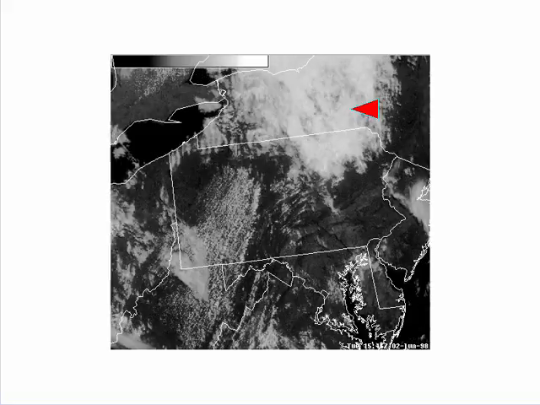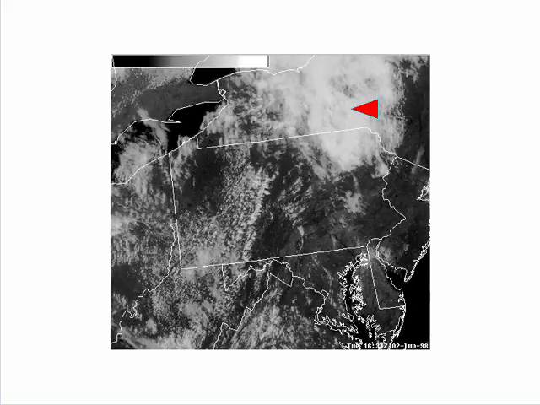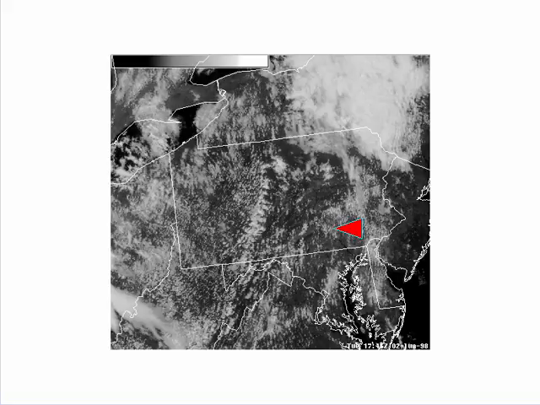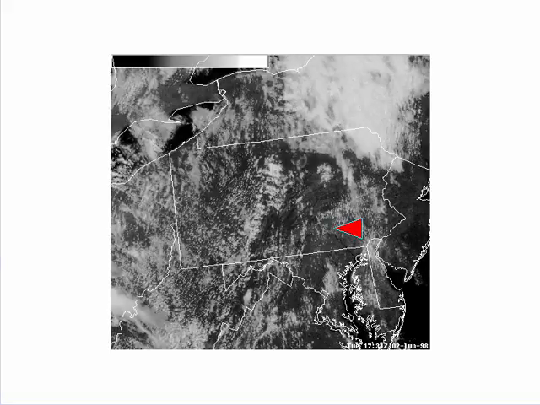Okay, now we go forward a little bit in time with the loop, and we begin to see some development in southeastern Pennsylvania, and some streets developing here. And if you're working, say, the State College CWA, what you want to focus your attention on is the fact that you've got this destabilizing air mass down here in southeastern Pennsylvania that's marked by the developing cloud streets, versus this clear area up here in northeastern Pennsylvania that has just recently cleared of those light showers from the early morning activity, and we'll look for a boundary setting up separating those two.